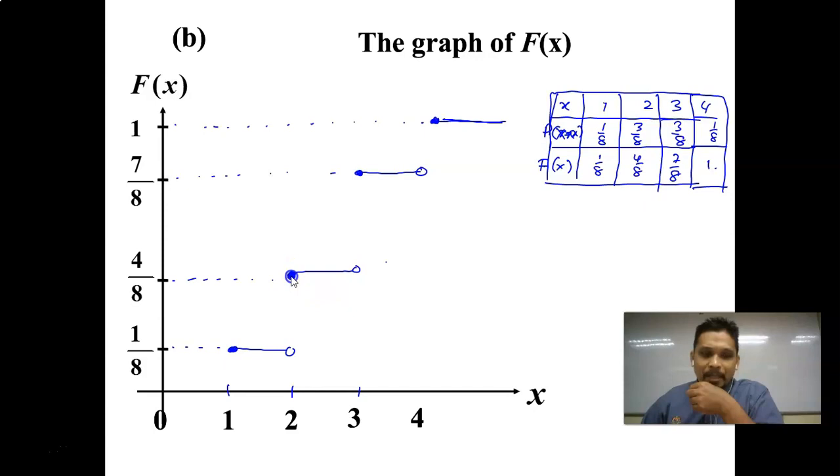This value of 4 over 8 holds until almost 3. When x equal to 3, it comes up with a new value of 7 over 8. And when x is exactly 4, the value is 1. That's it.